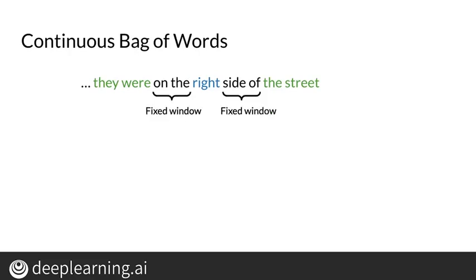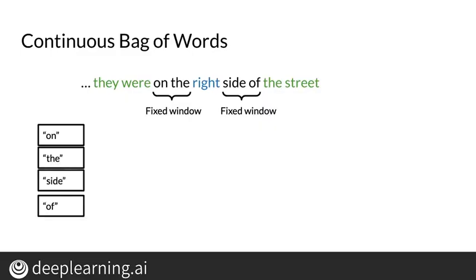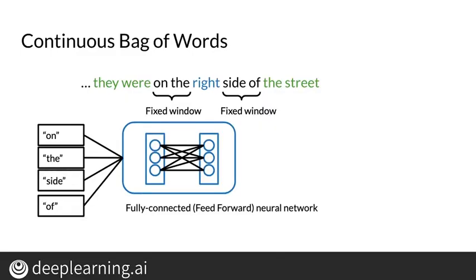And previously what you've been doing, you would take a fixed window, say 2 before and 2 after, or 3 or 4, whatever C is for the window size. And then you will take the corresponding words, feed them into a neural network, and predict the central word, in this case, which is right. Now, the issue over here is that what if we wanted to look at not only the fixed window, but all the words before and all the words after?